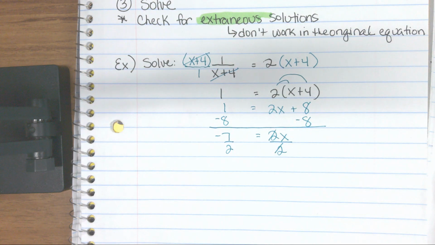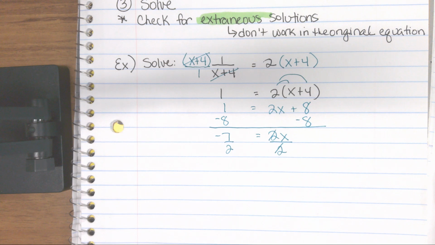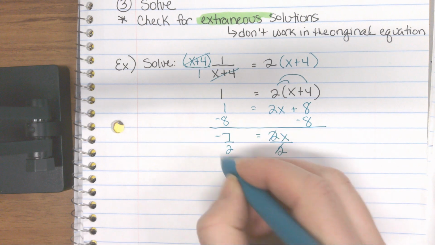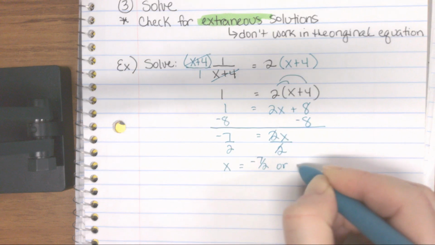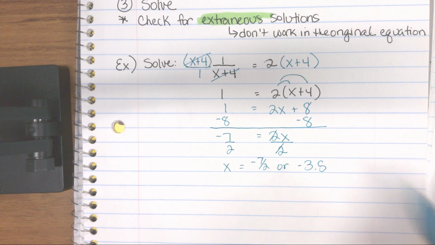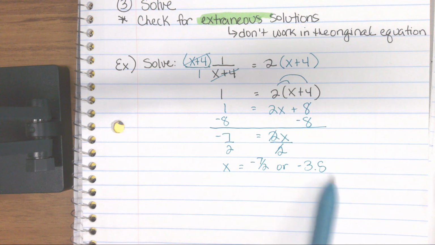So I got negative 7/2, or what's another way of writing that if you prefer? Negative 3.5 if you'd rather. I am going to double check.